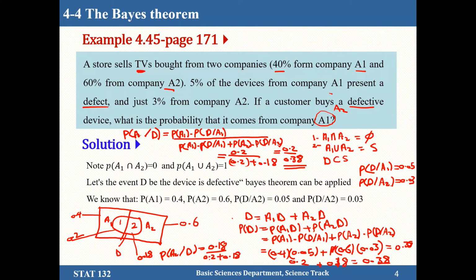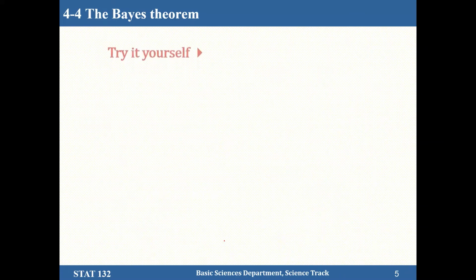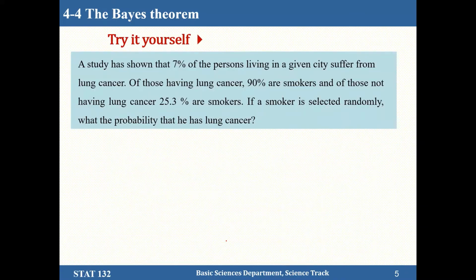So just like part 1 over part 1 plus part 2, and part 2 over part 1 plus part 2, that's it. So I think now it is clear. Also, we'll see other examples, try them by yourself.